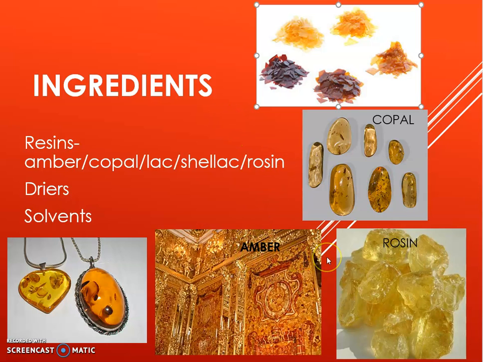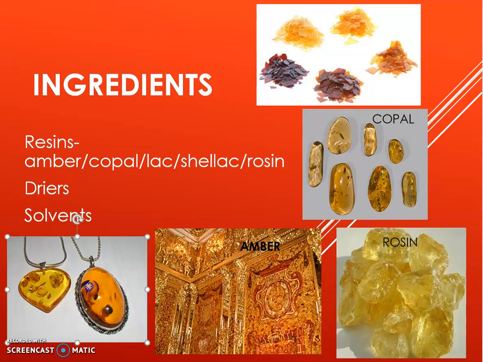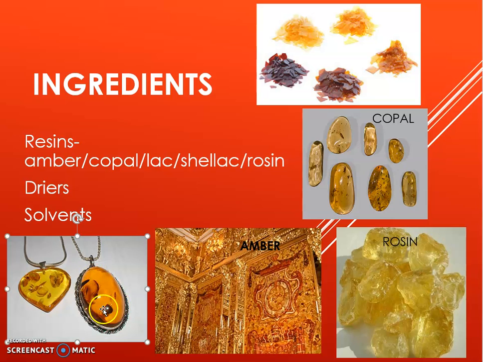Now amber is, if I'm not mistaken, processed copal. You can see here in the jewelry piece, this in-between thing, this is amber. These are obtained from trees. These three are tree products. Sap of the tree is hardened. Can you just see the sap of the tree being hardened here?